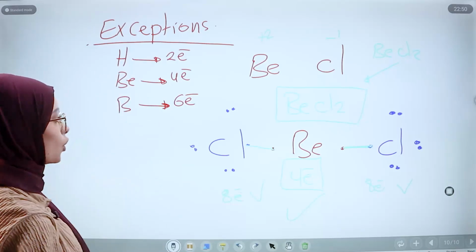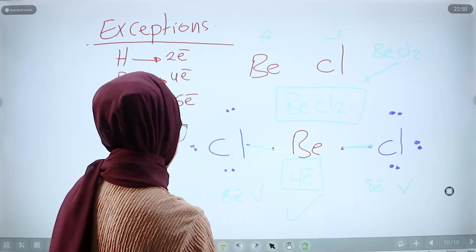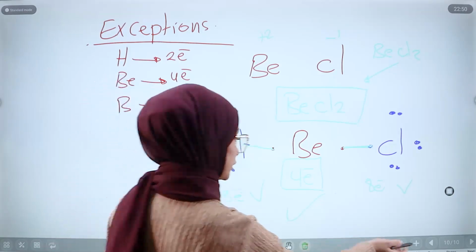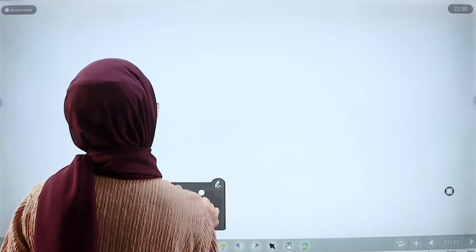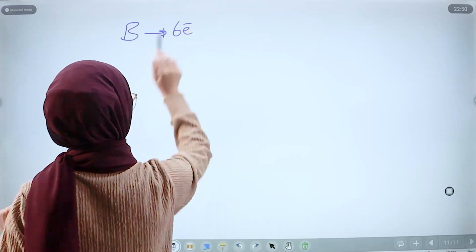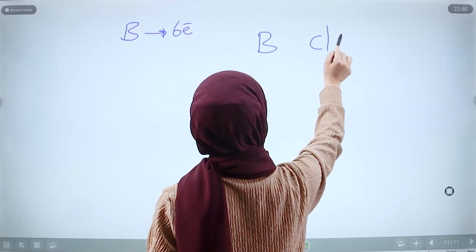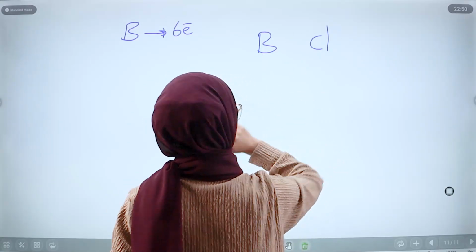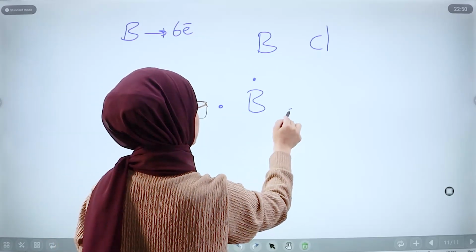The other one is boron. Boron is in group number 3. Let me draw it here. Boron is in group number 3, and as we said, boron is happy at 6 electrons. This is my boron, and I will put Cl. Boron is in group number 3: 1, 2, and 3.